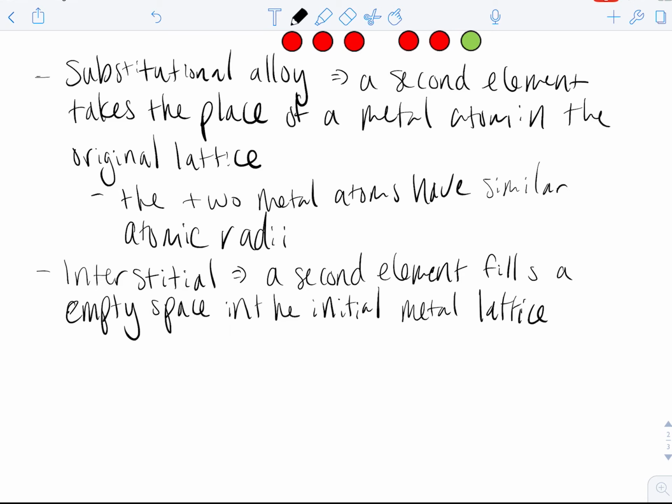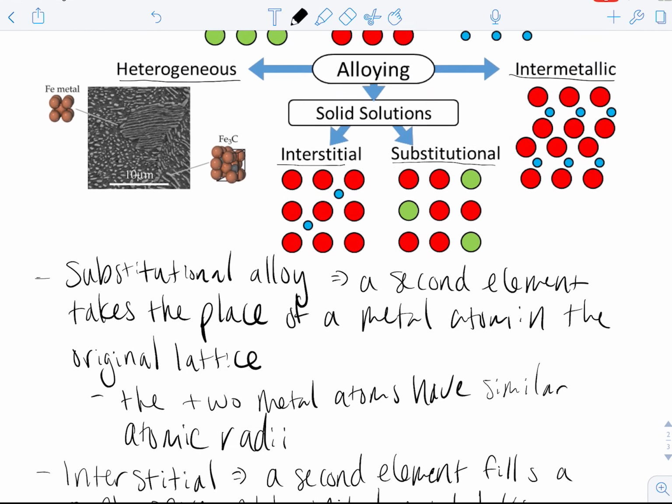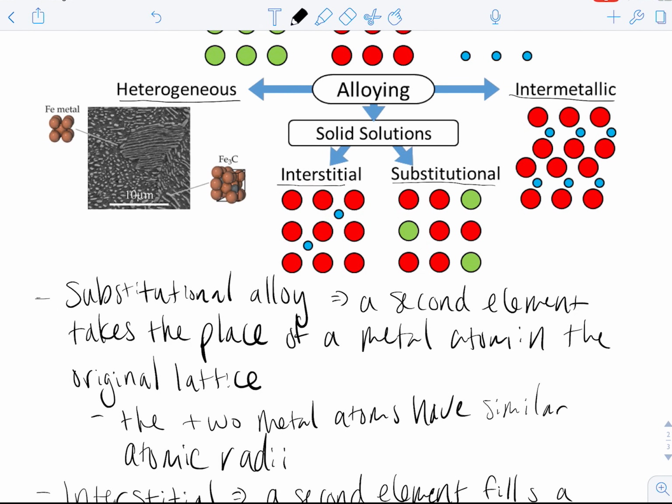Anytime we have a collection of atoms, we're not going to have 100% filling of our space, so there'll be leftover empty spaces that additional atoms can come in. We call those interstitial holes. So those smaller elements can fit in the little interstitial holes left over. You can kind of see that here.